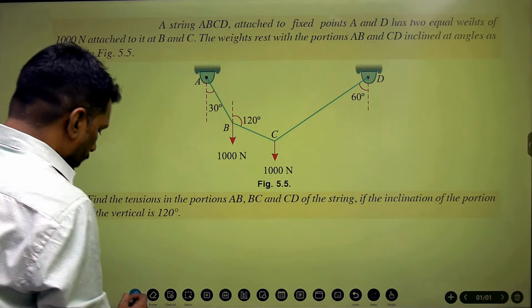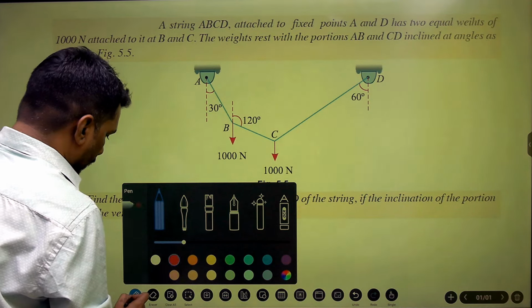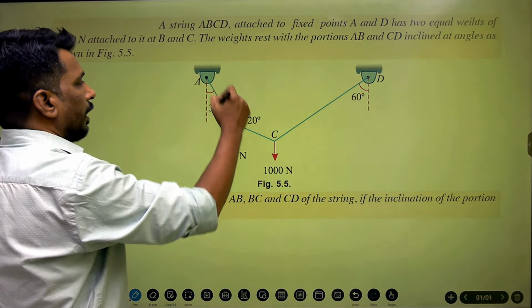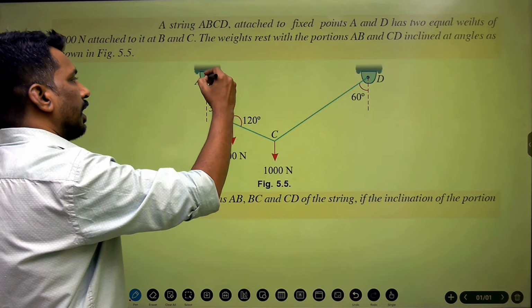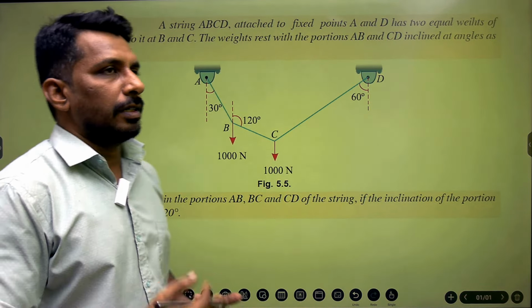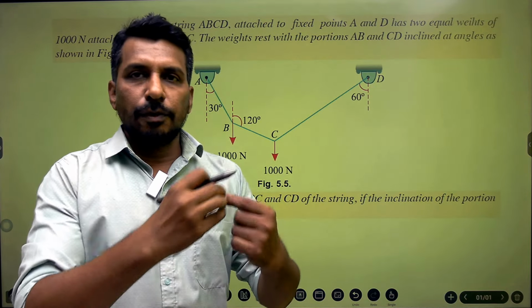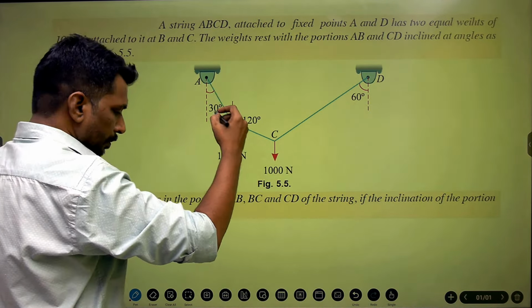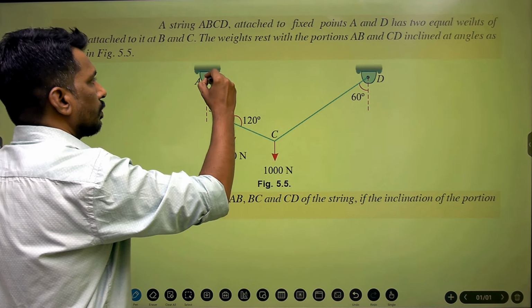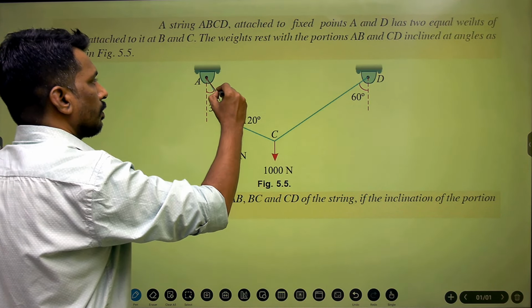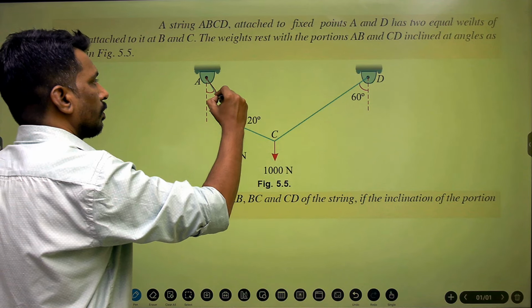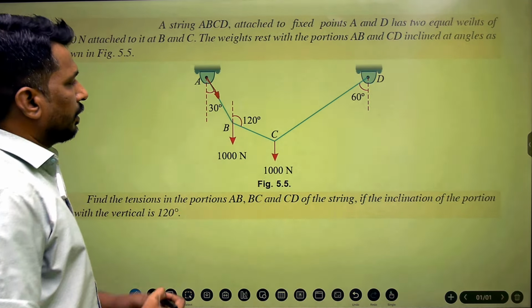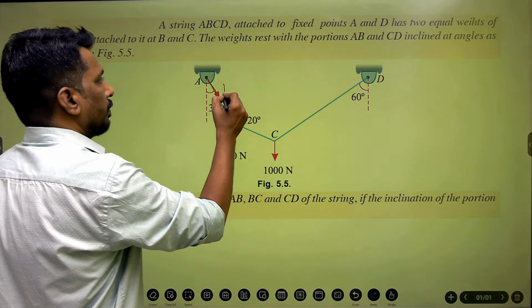I'll start with point A. At point A, only one segment, AB, is connected, so only one tensile force, and since point A is under consideration, the tensile force is away from A. So I'll show it over here. This is tension AB.